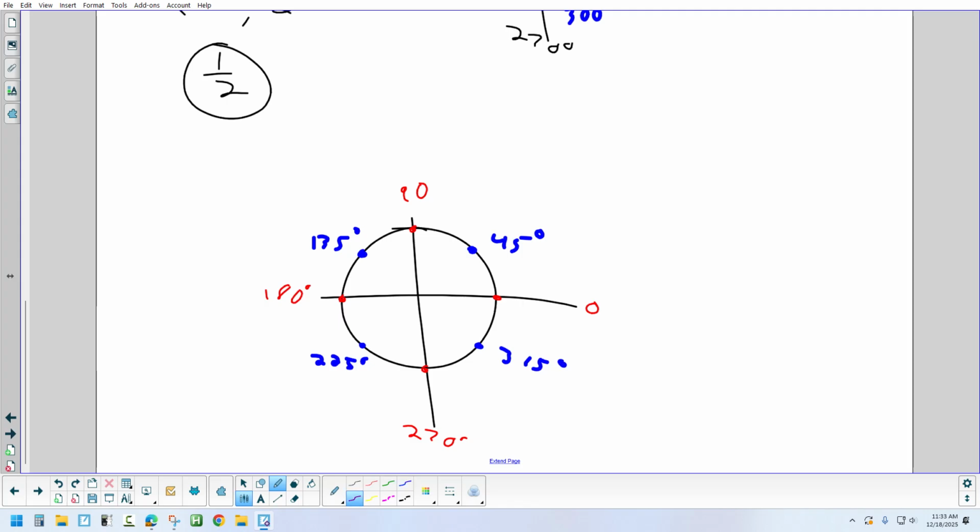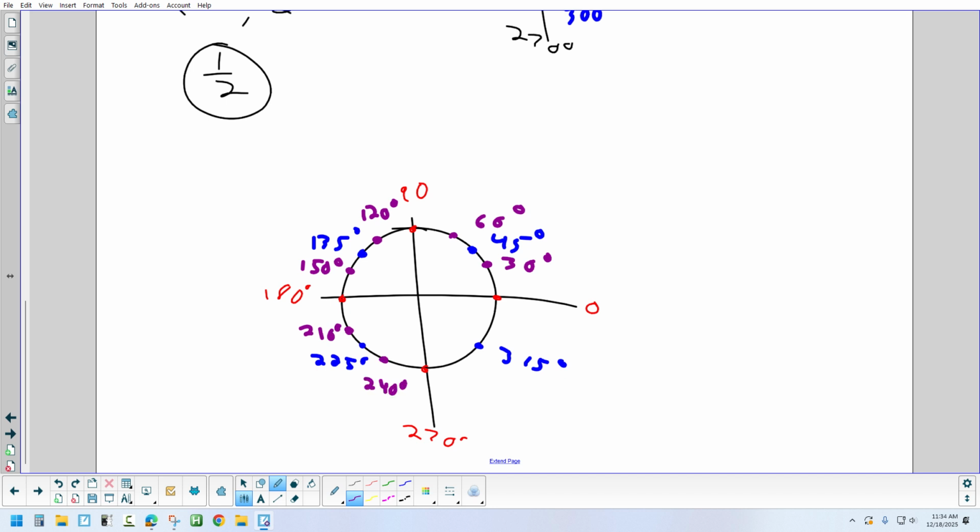And then you should also be able to do all the 30s and 60s. So you've got 30, 60. And then over here you've got 120, 150. You've got 210 and 240.